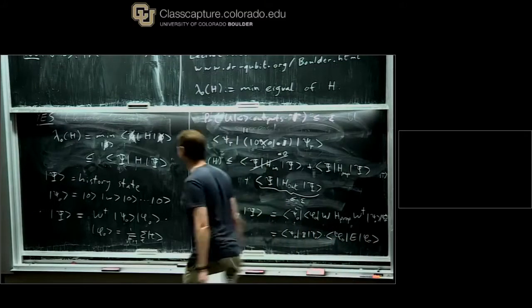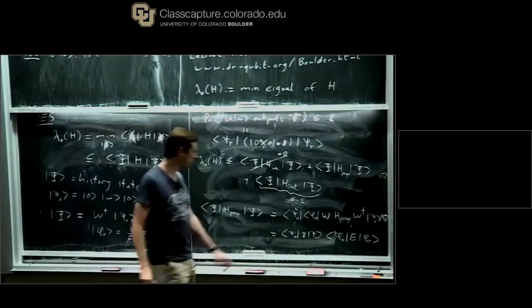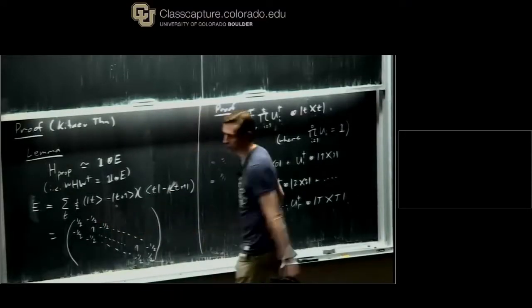What's phi 0? Well, it's just the all ones vector appropriately normalized to be length 1. And if you look at this all ones vector multiplied by this matrix, we get a half times 1 minus a half times 1, which is 0. The next component, we get a minus a half times 1 plus 1 times 1 minus a half times 1, which is 0 as well.